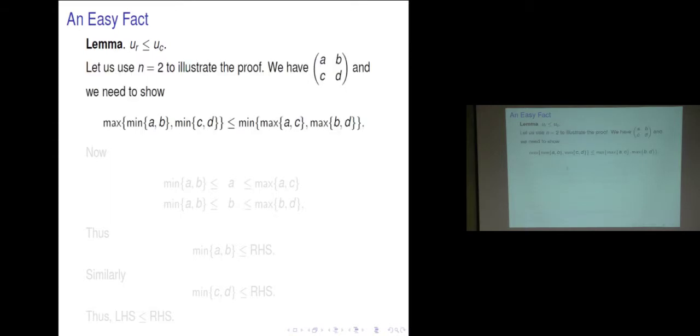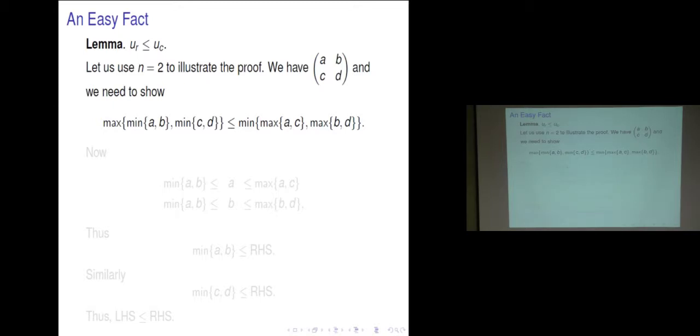Okay. To simplify the case, you see this is simplified. There's still something to think of. So let's use n equal 2 to illustrate the proof. The proof in the general case is similar to this. You can write it, but there are lots of i and j. I don't want to use i j, so I want to use a simple example.